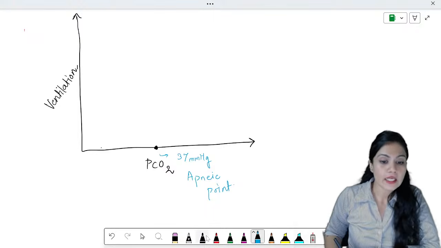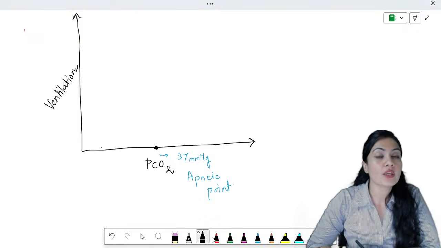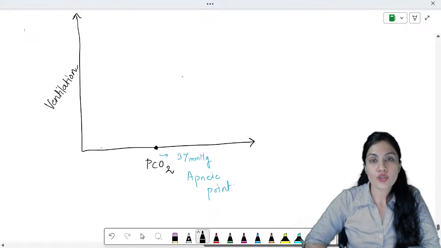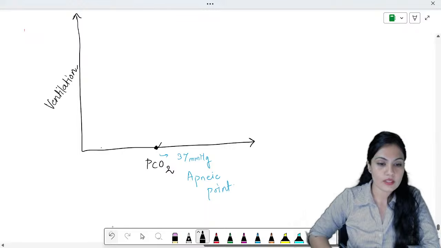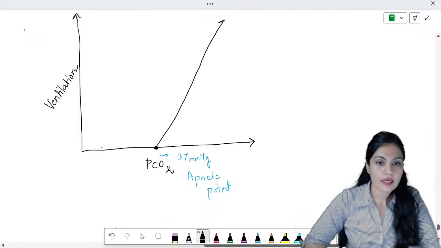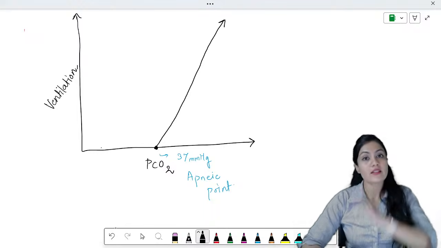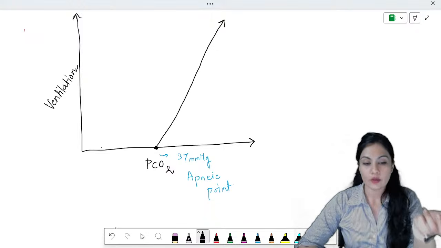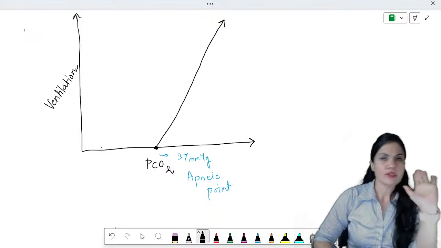Fine, I agree. But what if the PCO2 keeps on rising? There will be a linear correlation of the PCO2 with the ventilation. That means the graph will look something like this. So let's say the PCO2 is rising, and the graph looks like this, a straight line.